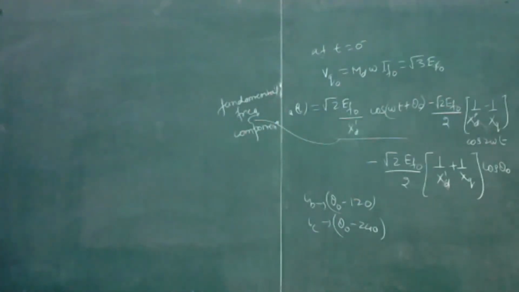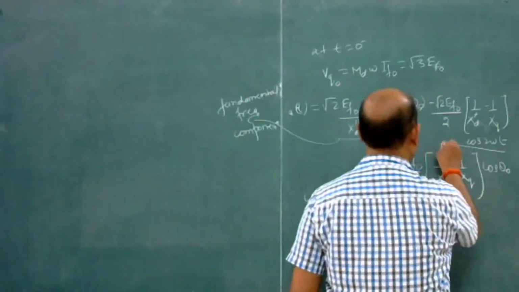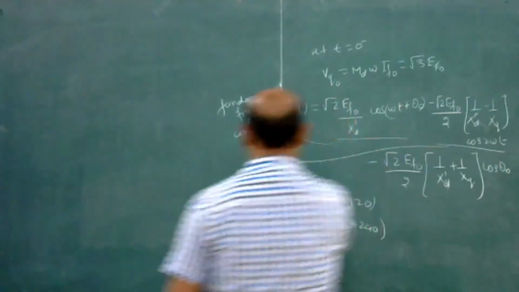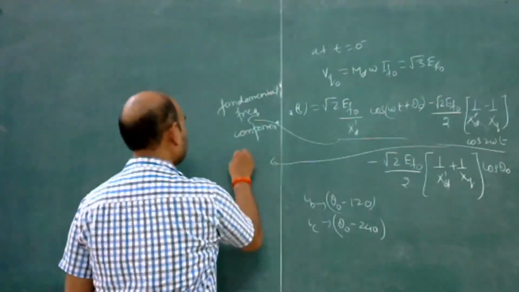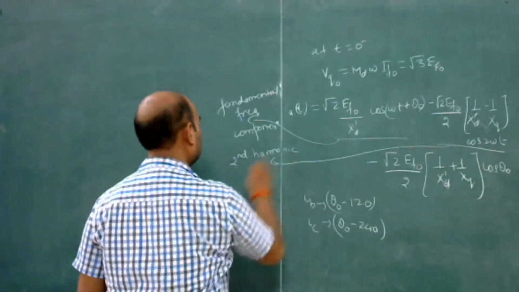Okay, and the second term is the second harmonic component. So this is 2 omega t. So this component is the second harmonic component.